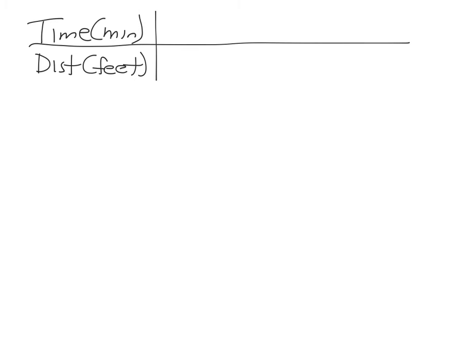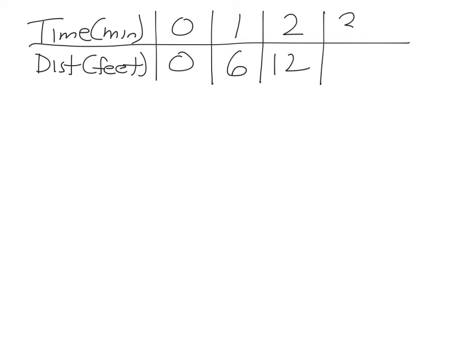And if I said I can go 0 feet in 0 minutes, 6 feet in 1 minute, in 2 minutes I can go 12 feet. In 3 minutes I could go 18 feet, and in 4 minutes I could go 24 feet.